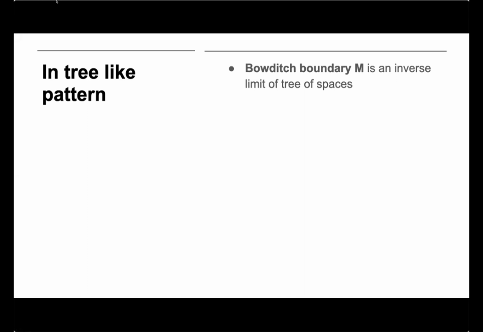So that's why we call it an inverse limit of a tree of spaces. The spaces are the subcontinua, stuck along points. Świątkowski, I do apologize if my pronunciation is bad, studied these objects widely. And then we also used a similar idea here.